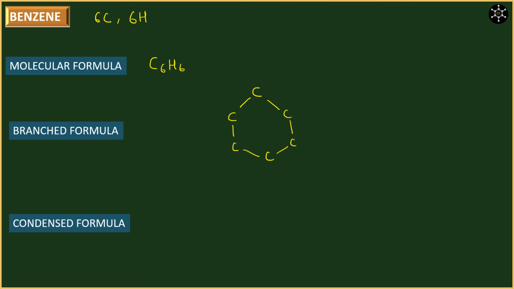Arbitrarily, let us make this as double bond. So this is single, this will be double, this is single, this will be double. Now we can see every carbon is having 3 bonds in it. Having a valency of 4, carbon must be having one more bond on it, and that will be connected to hydrogen atom.